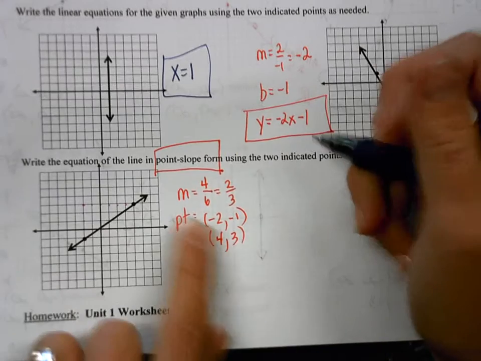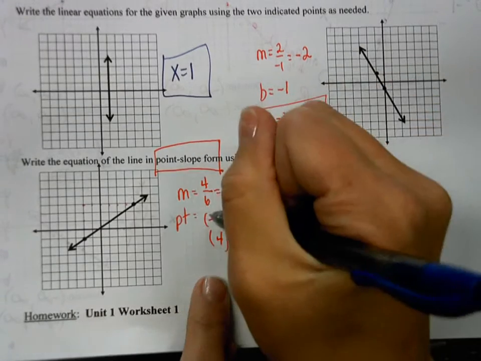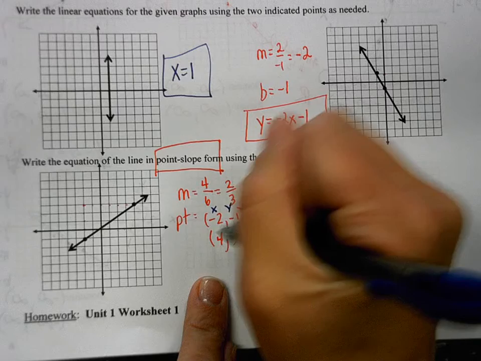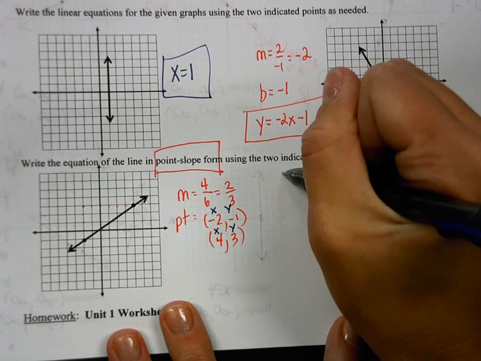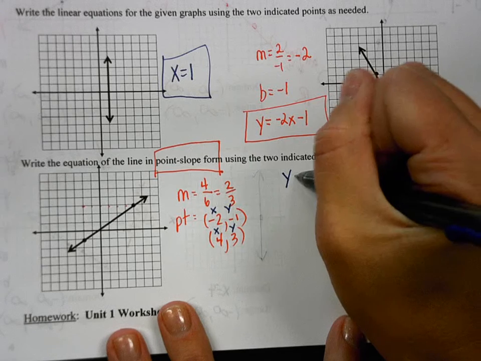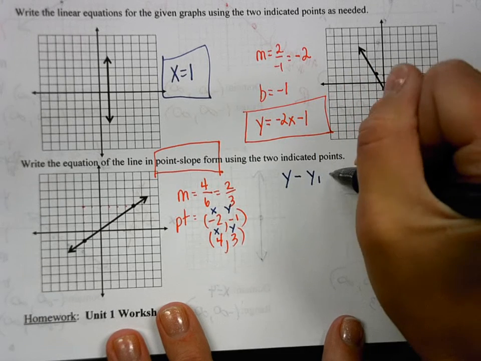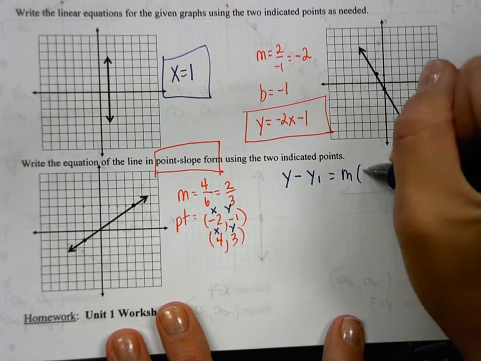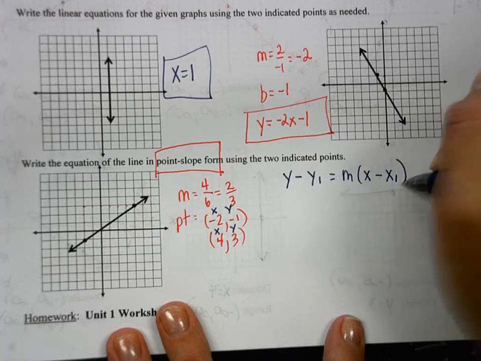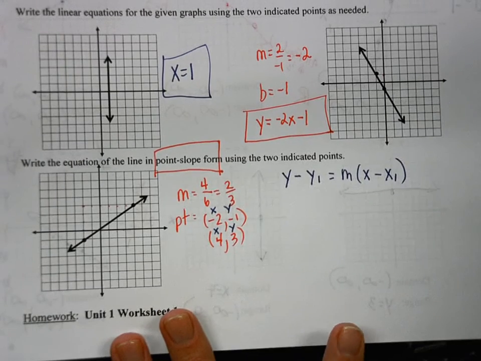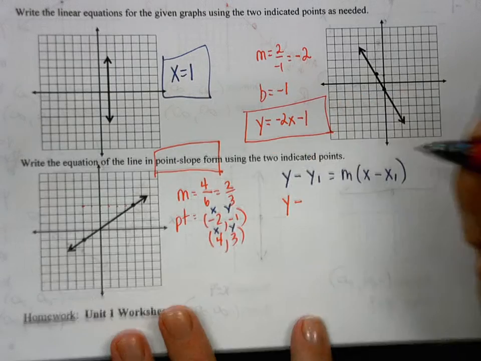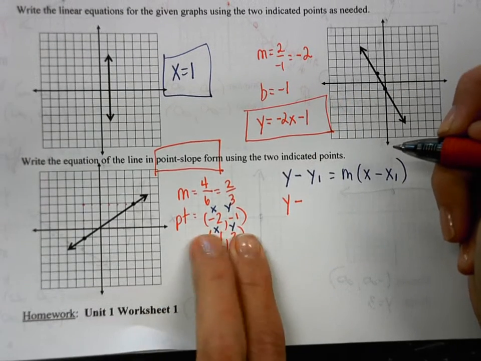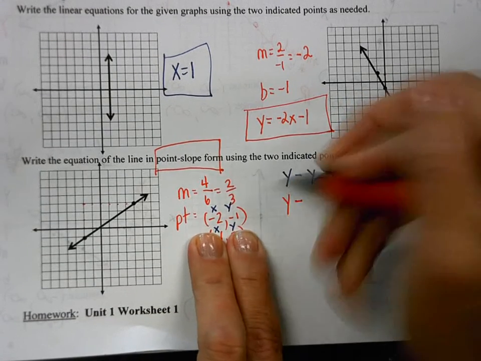So we write this as, and you might want to label x and y for these. So our point slope equation, it was back on the beginning of the notes, y minus y1 equals m times x minus x1. So when I write this equation, I will write it as y minus, and let's use this first point here, y minus negative 1.